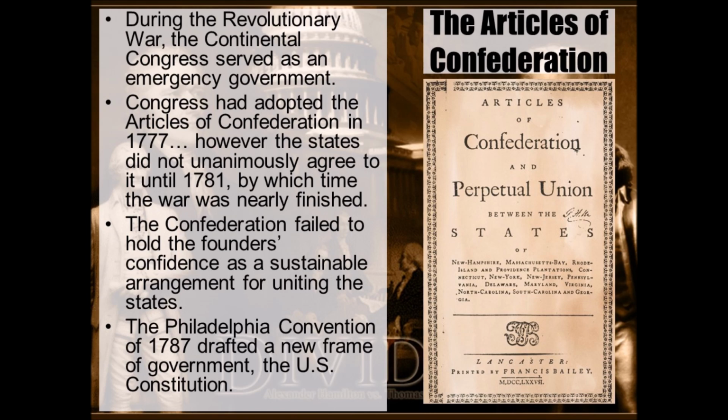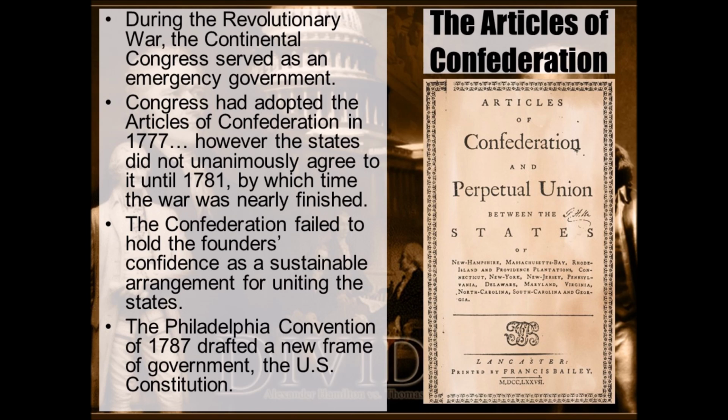That was not originally part of it. Instead, what happens is all 13 colonies sign what you see here called the Articles of Confederation, which really was kind of an emergency government to keep the colonies together just long enough for them to win the war. There really wasn't any plan for what would happen after that.